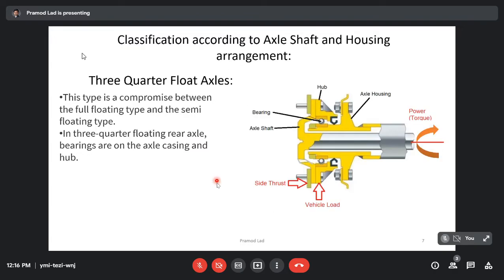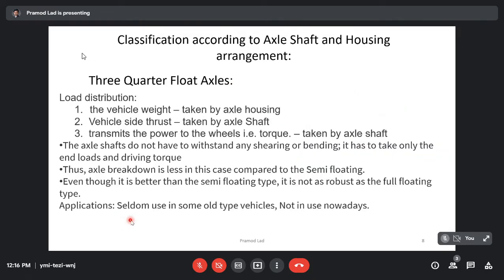So here as you can see, the vehicle load through this hub and axle casing is taken care of, but the side thrust and the torque transmission is done by the shaft. Application: these are seldom used, only in some old types of vehicles, and not much in use nowadays.